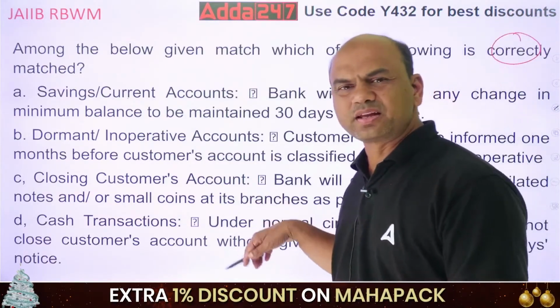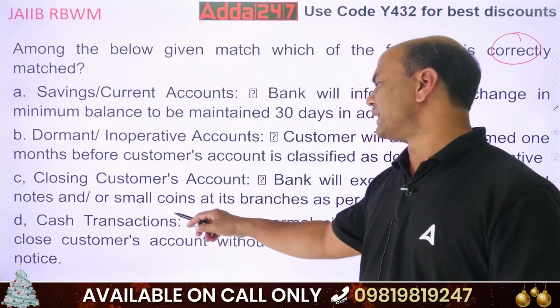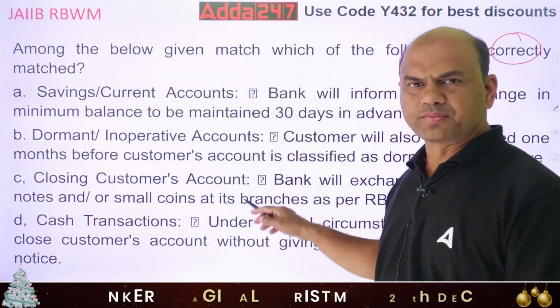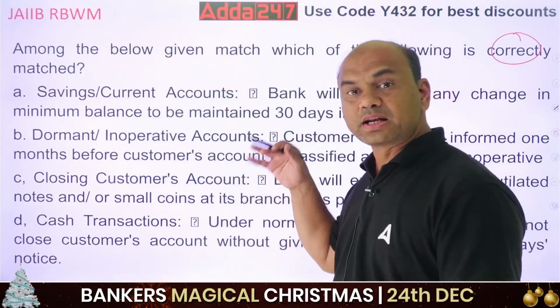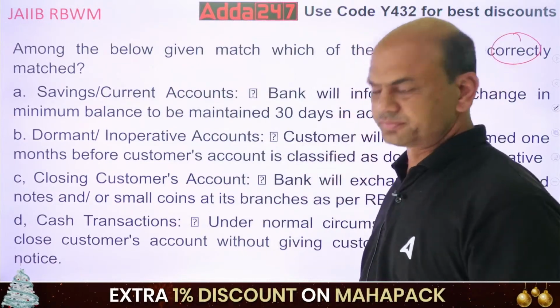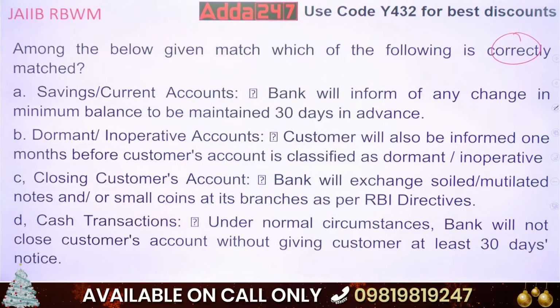These two are actually reverse. Means closing customer account should have this and cash transaction should have this. Okay, so these two are obviously out. You want which one is correctly matched. Only check between A and B. Think over it, everyone. What do you think should be the answer over here between A and B?